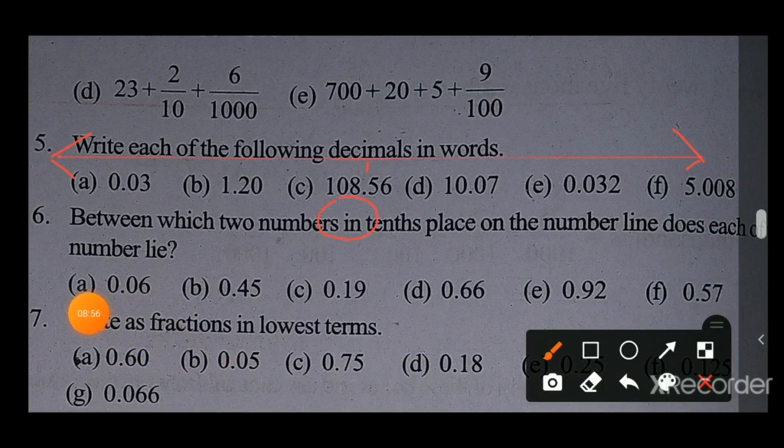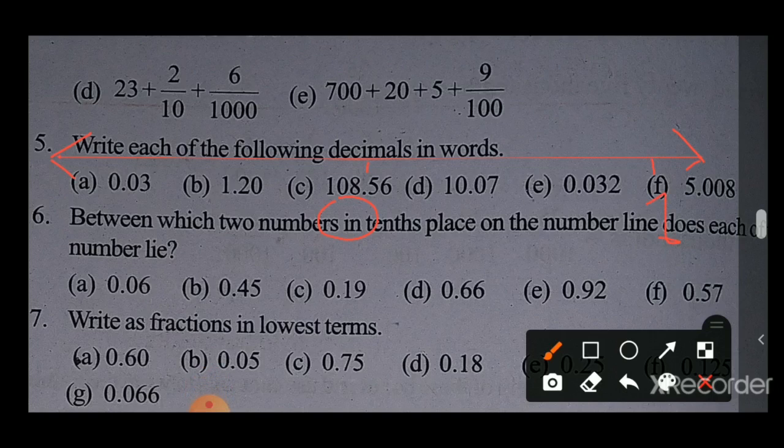It means 0 for the ones place. It is not given, it means the numeric value is 0. So it is 0.06. For the tenths place it is 0, and for the hundredths place it is 6.